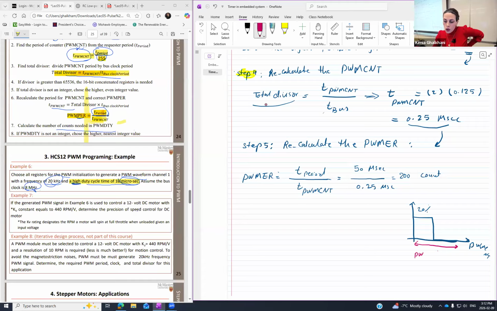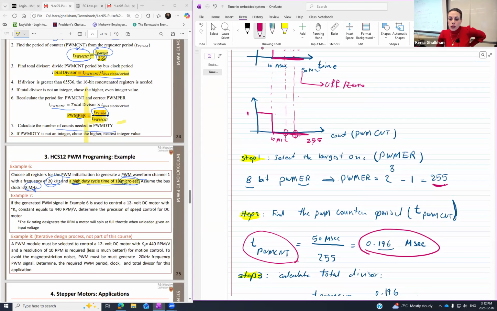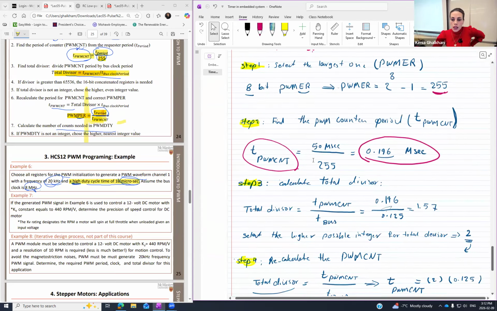I have PWMER to be 200 counts now. If you want this one in the previous, right in here, it becomes this point. This is 200 now. Now I need to continue and calculate the duty cycle, right?